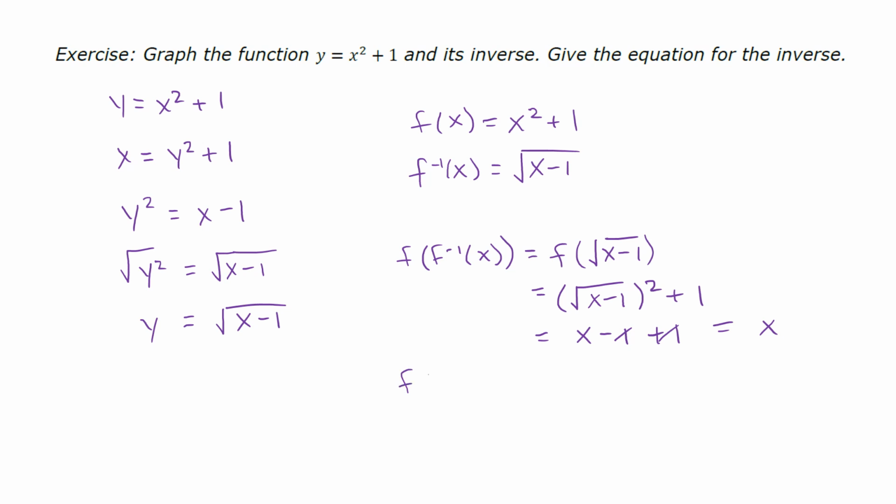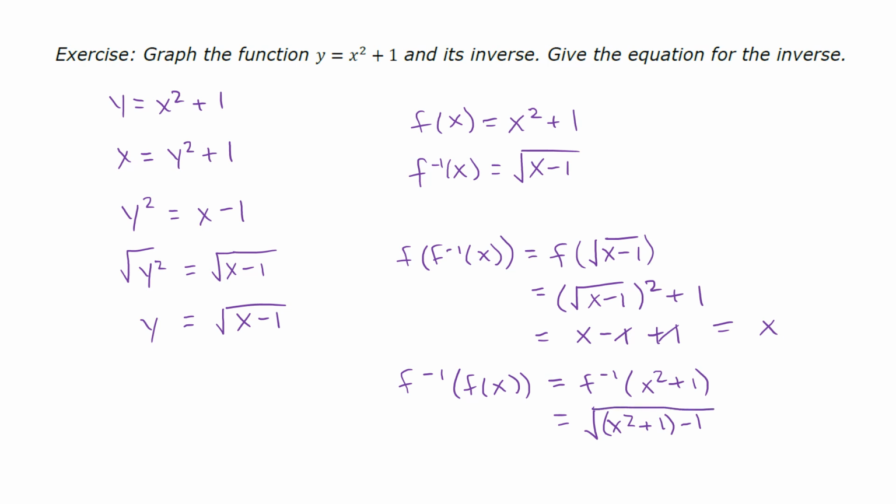So next we'll take the inverse of f of x. And that means we will be substituting in x squared plus 1 into the inverse function. So the square root of x squared plus 1 minus 1, that's all under the square root.